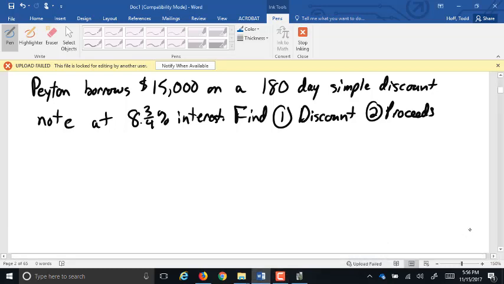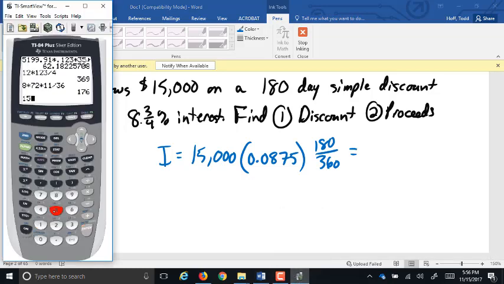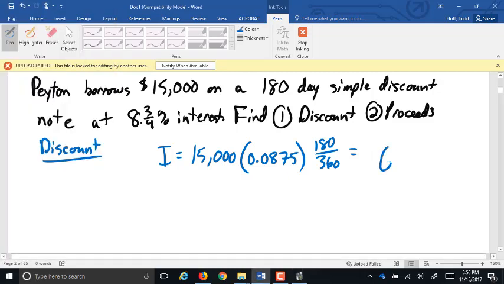Find the discount. It's just the interest, which is the 15,000 principal times 0.0875 from the 8.75% interest times 180 over 360. $656.25 is correct.